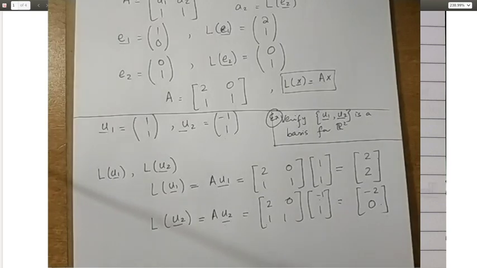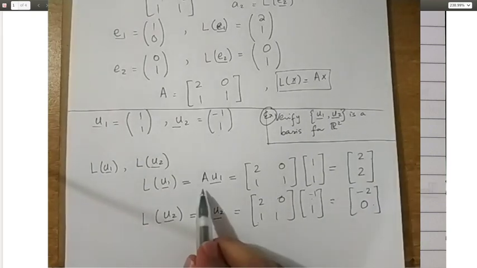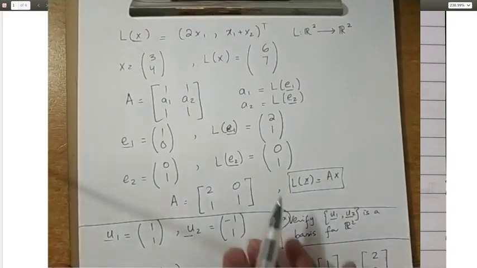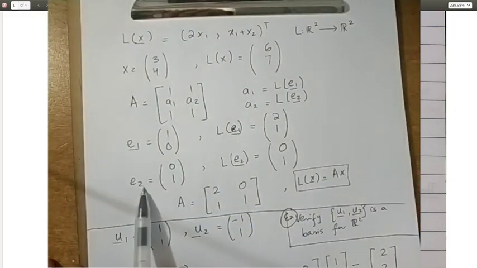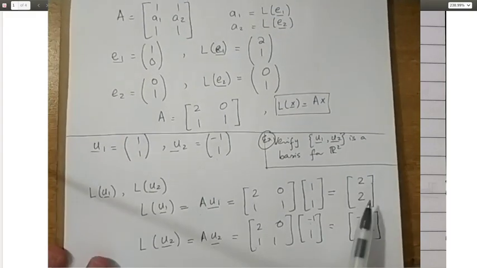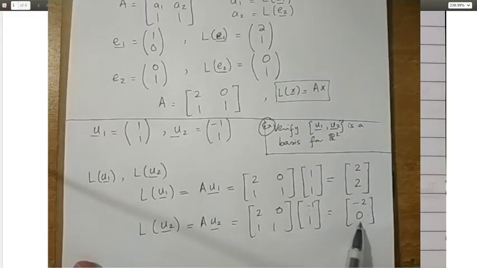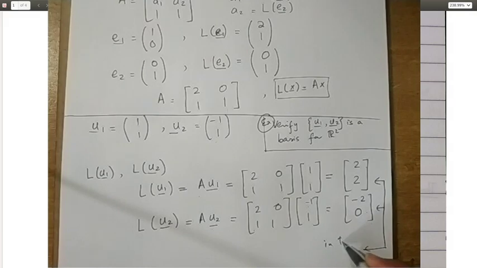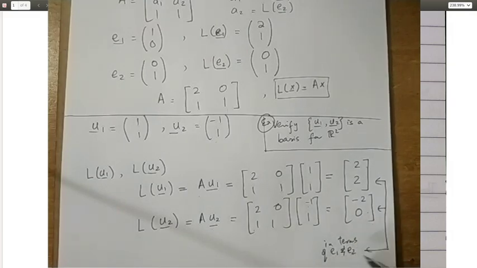But there is one little problem. A was working with the assumption that you are in the standard basis vectors E1 and E2. So whatever result A gives, these two results are in terms of E1 and E2, they're not in terms of U1 and U2.